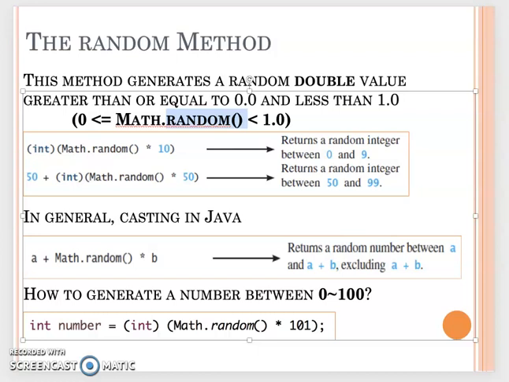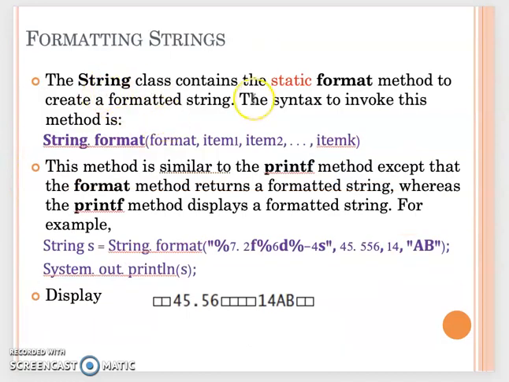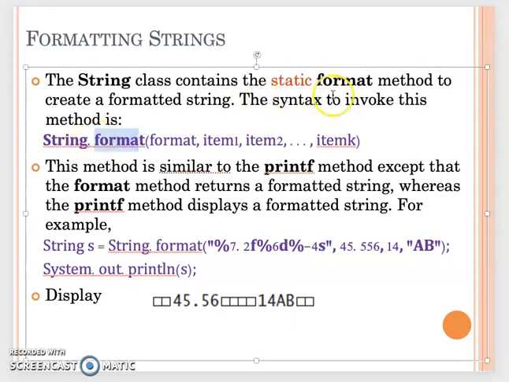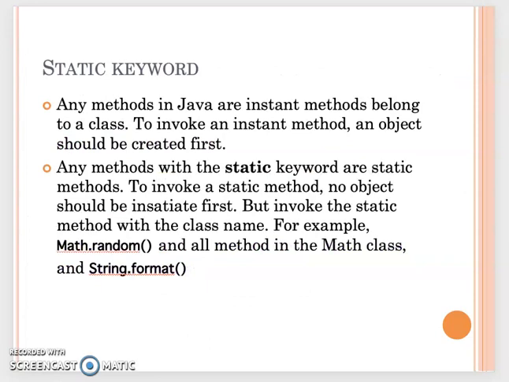When you see a static method, no matter Math.random or String.format, we call them static methods, and they are all invoked using the class name dot the method name.